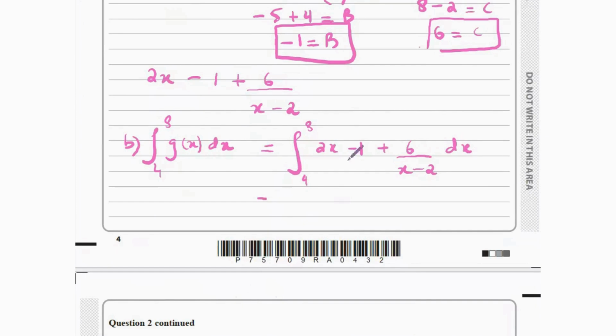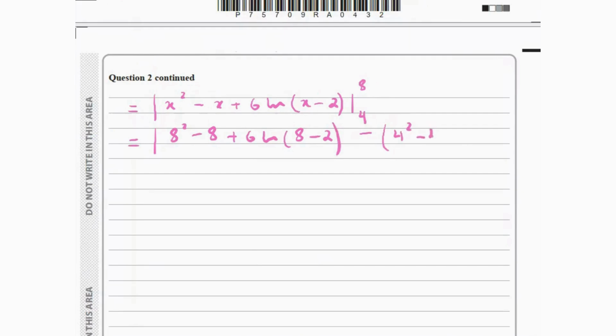So when you integrate this, we add 1 to the power of x, then divide by the new power. It's going to be 2x squared over 2. Negative 1 becomes negative x. And plus 6 over x minus 2 becomes plus 6 times ln (x minus 2). And the limit is 4 to 8.